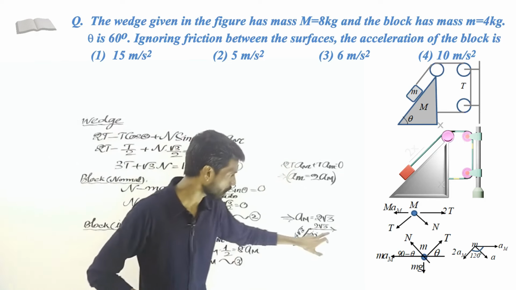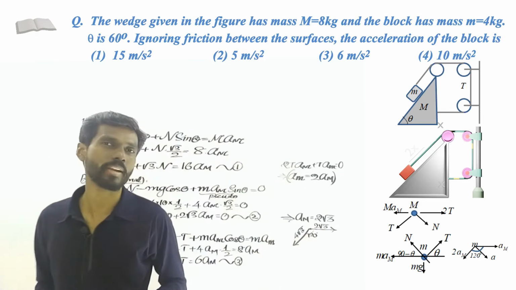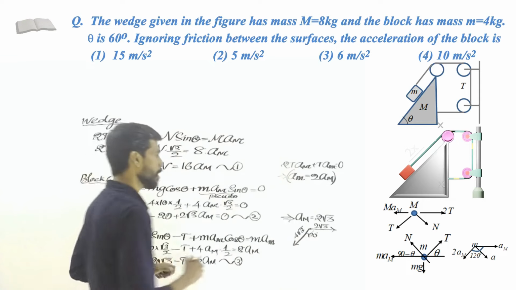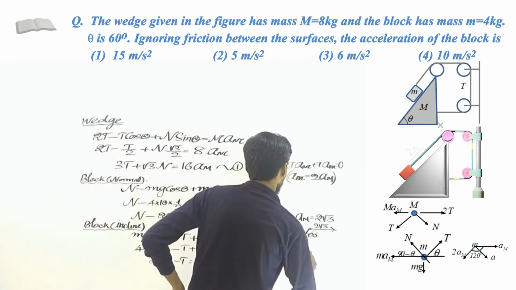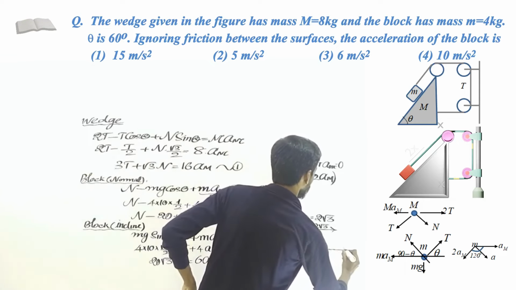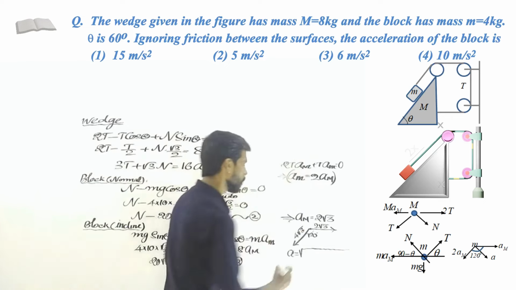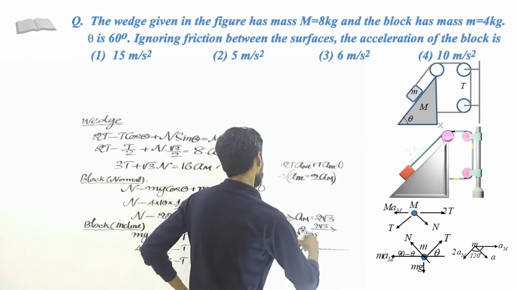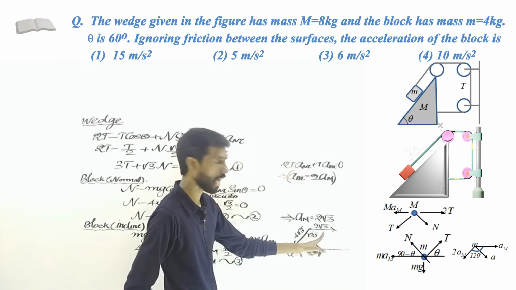If 2 vectors are known, we can find the resultant of those vectors. So we have the formula. The acceleration of the block is equal to the square root of this square plus this square. So 4 root 3 square, or we can take it as AM, and this is 2 AM.